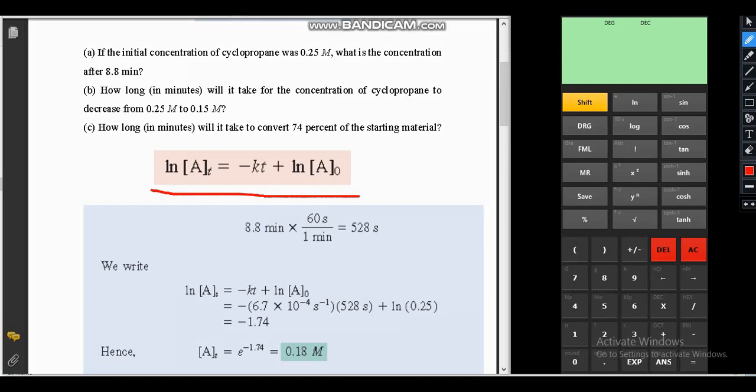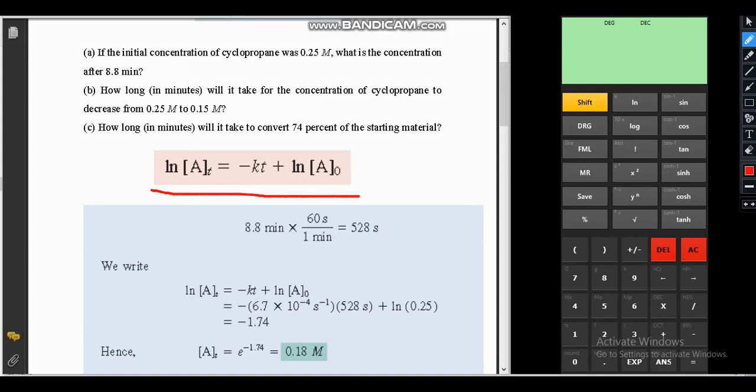As a chemistry student, you need to know this equation, where the natural log of the concentration at a given time is equal to negative Kt plus the natural log of the initial concentration.